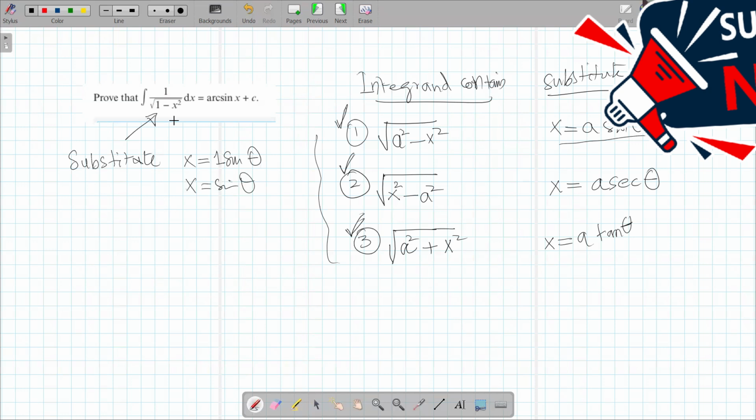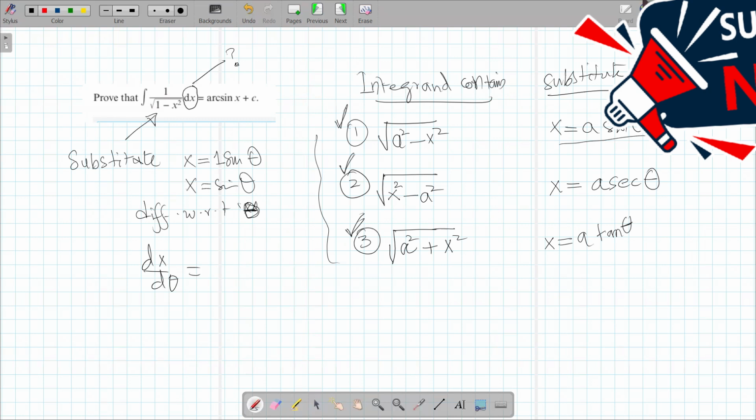So let's make this substitution here, but we have to convert everything else also in terms of theta because our new variable is theta now. Theta is a variable here. So we are going to differentiate.